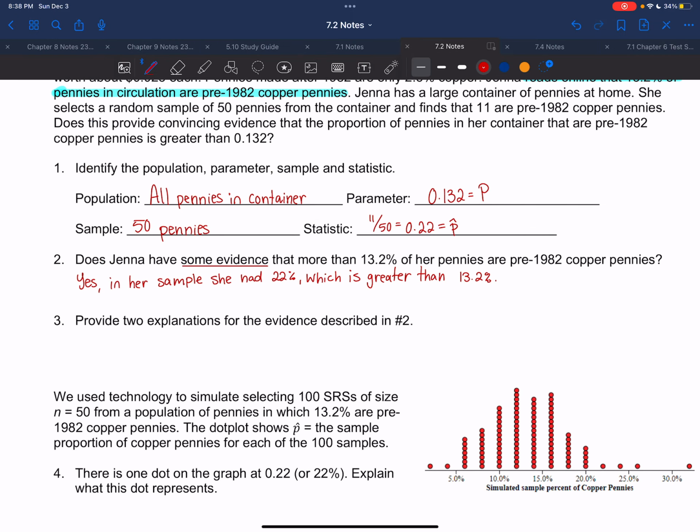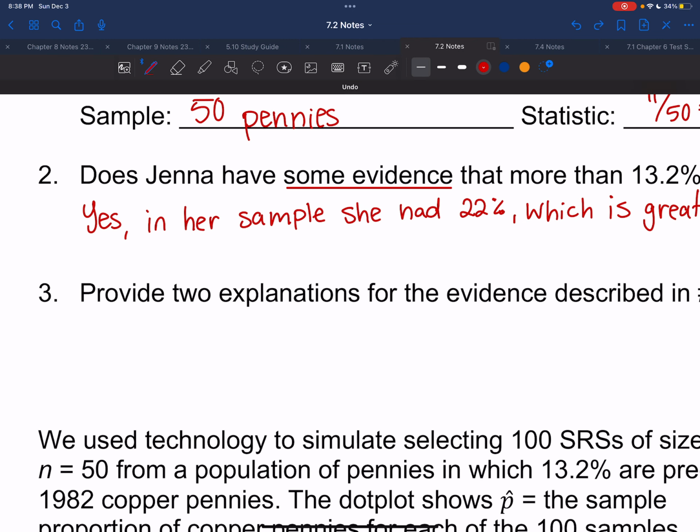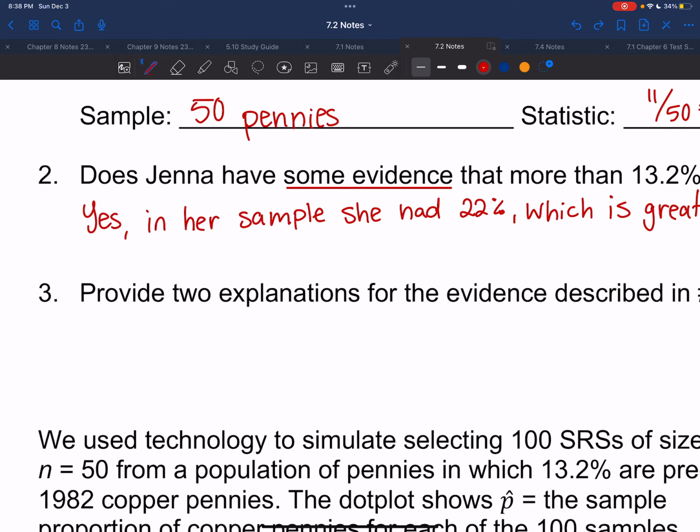Okay, so we do have some evidence, but was that 22% accurate, or was it just random chance that she got a really high number, right? So number 3 says provide 2 explanations for the evidence described in number 2. So there's really only 2 reasons why she got 22% instead of 13.2. Okay, so option number 1.